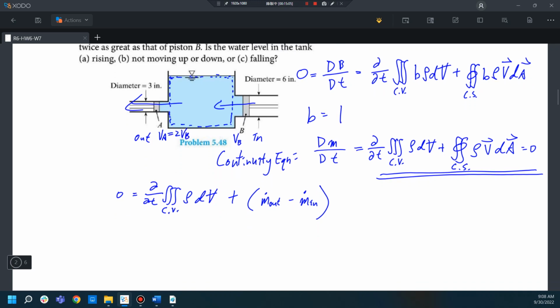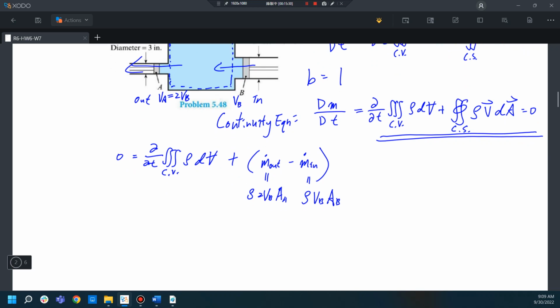Okay, so for the outflow, this is equal to rho times 2 VB times the area at this piston A. And the inflow is rho VB AB.